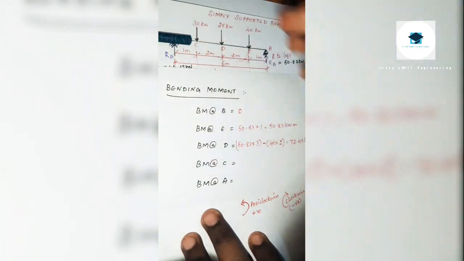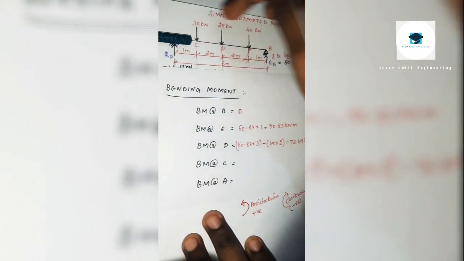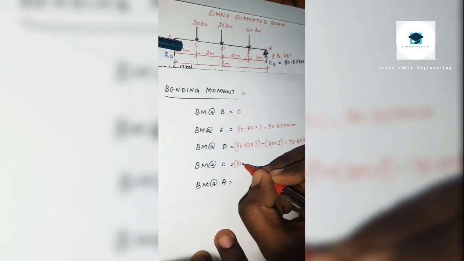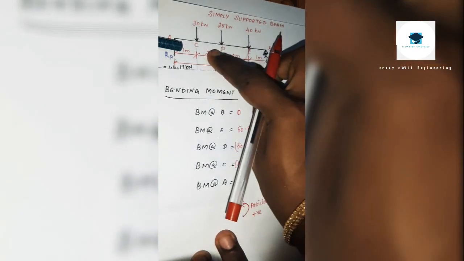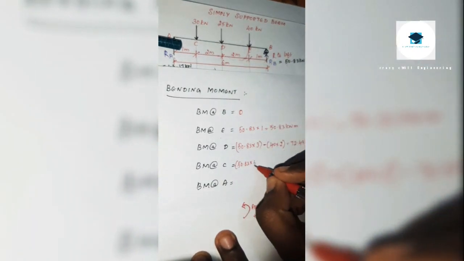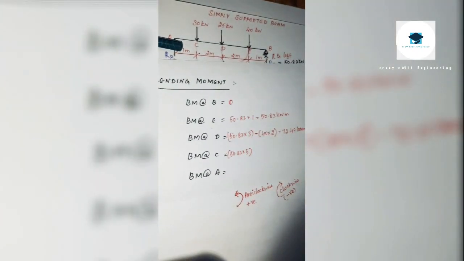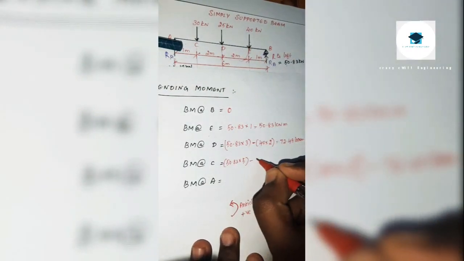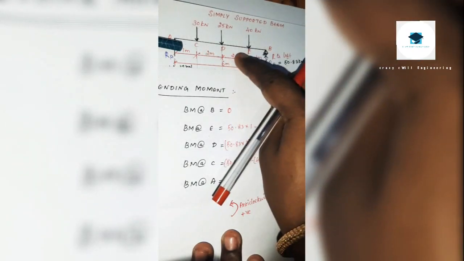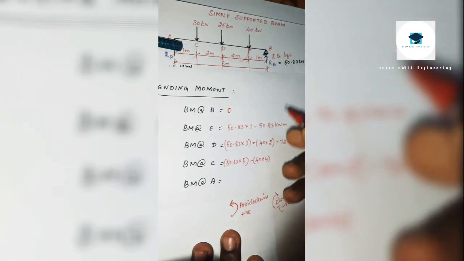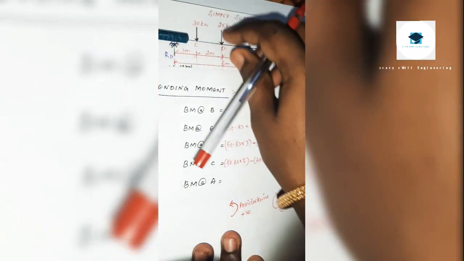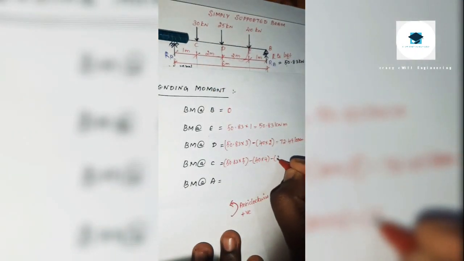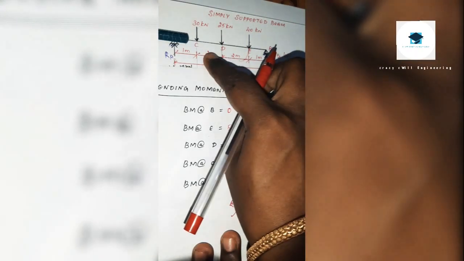Okay, bending moment at C. RB moves towards C in the anti-clockwise direction. 50.83 into distance 4 plus 1, 5. At E, 40 kilonewton is acting in the clockwise direction, so put minus 40 into distance 4 meter. Again 25 is acting towards C in the clockwise direction, 25 into distance 2 meter.